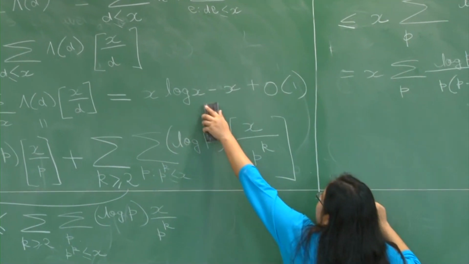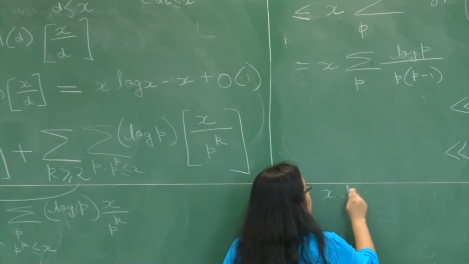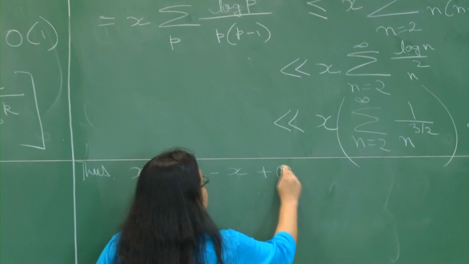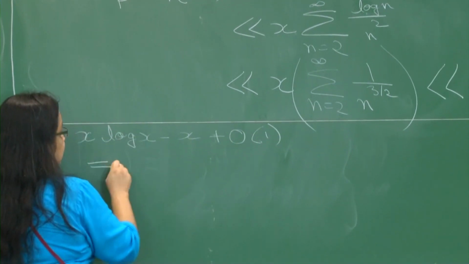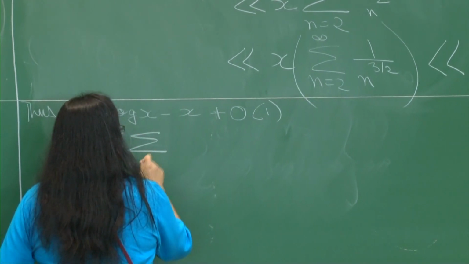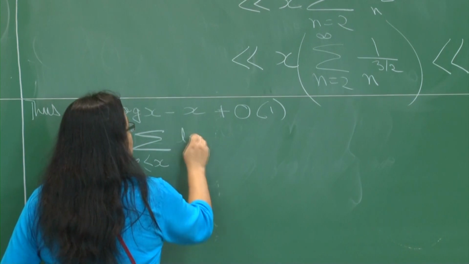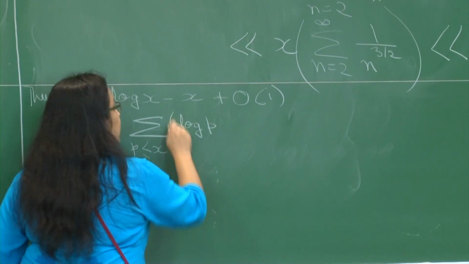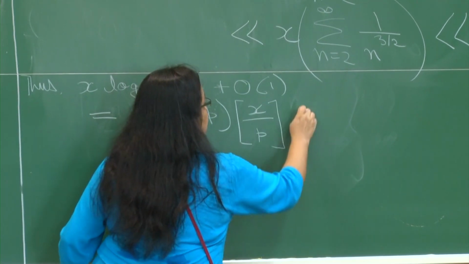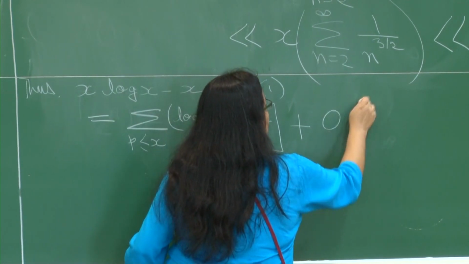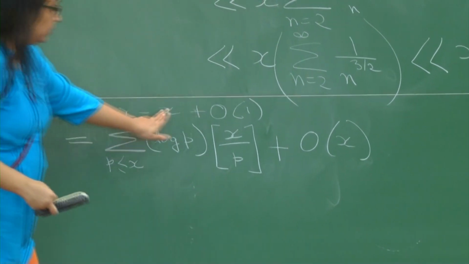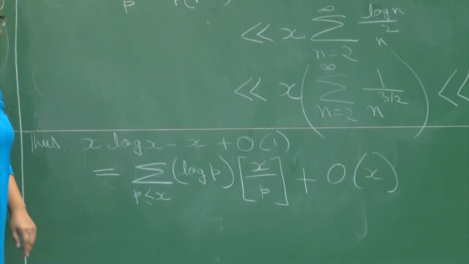Suppose you start with the right hand side here, x log x minus x plus O of 1 is equal to summation p going to x of log p times x over p, plus O of x. And therefore, this gives us an estimate for this sum here.